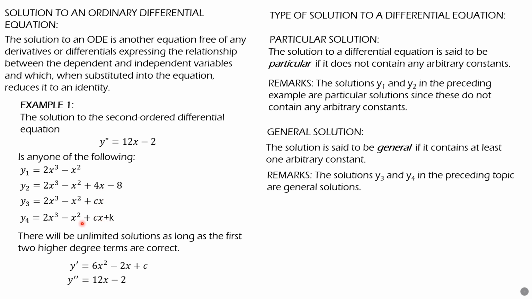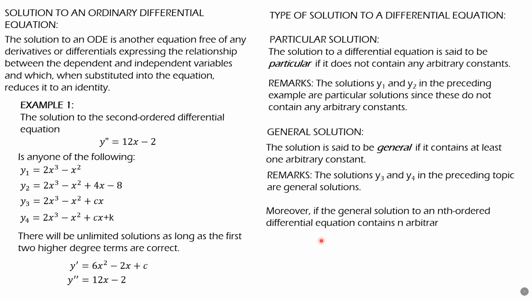In particular, if the order of the differential equation is equal to the number of arbitrary constants, it is called the complete solution. Moreover, if the general solution to an nth order differential equation contains n arbitrary constants, it is called the complete solution, which is the case of y sub 4.